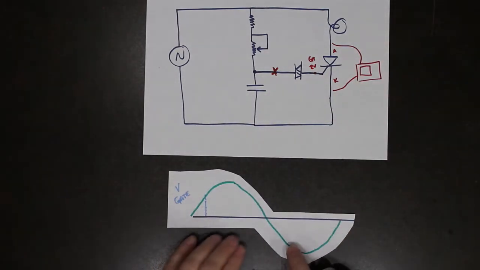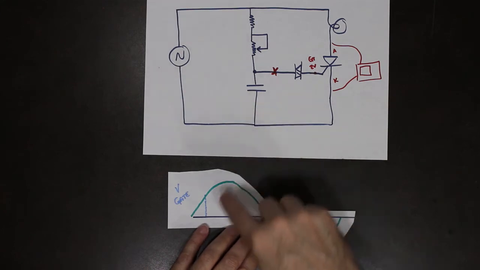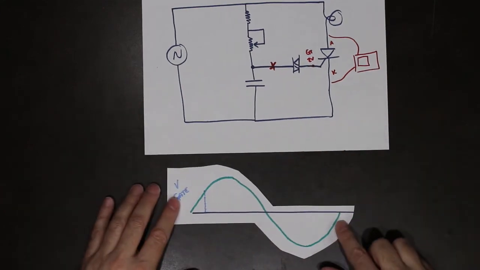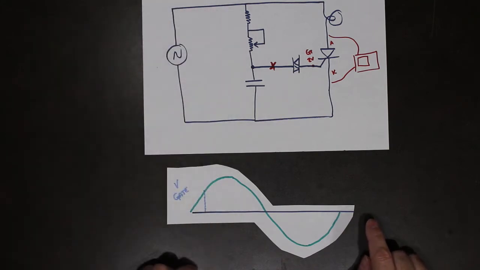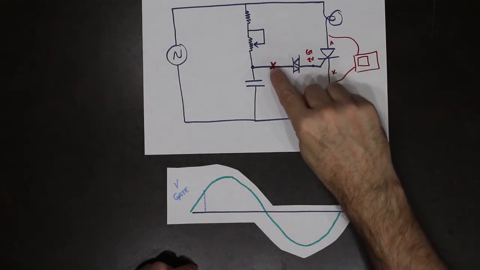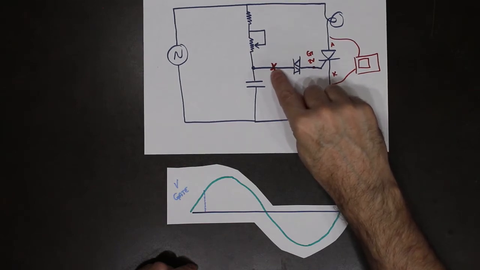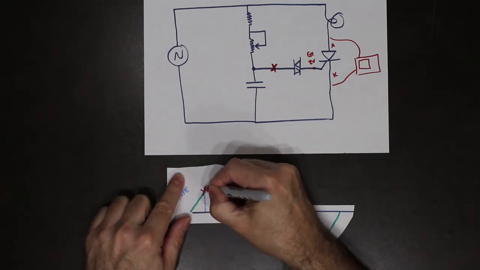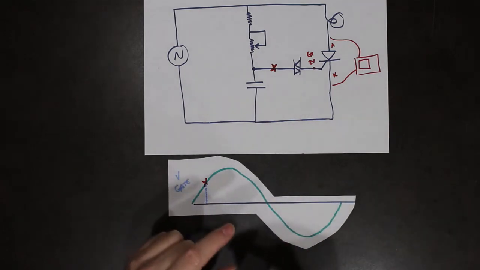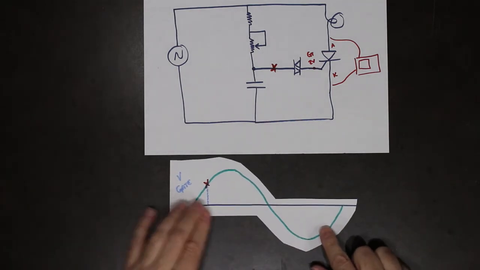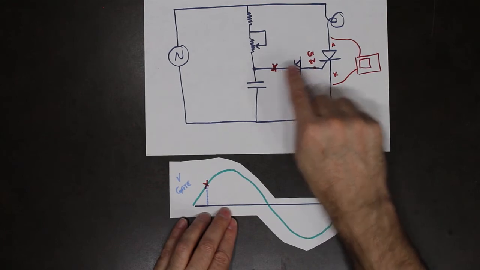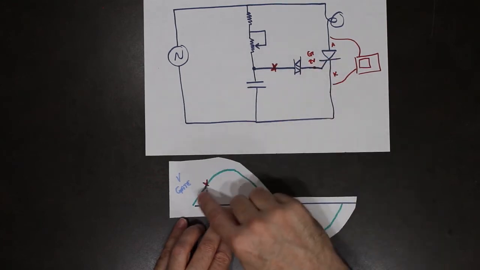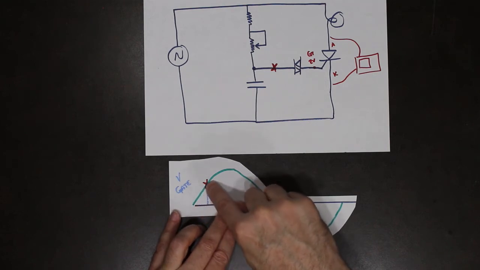So I have a little waveform here, and this waveform represents the input waveform, just like we had in the shifting point trigger circuit. This X here is identified by this X here. So what that means is, in order to turn on the SCR, the voltage has to climb to this point.